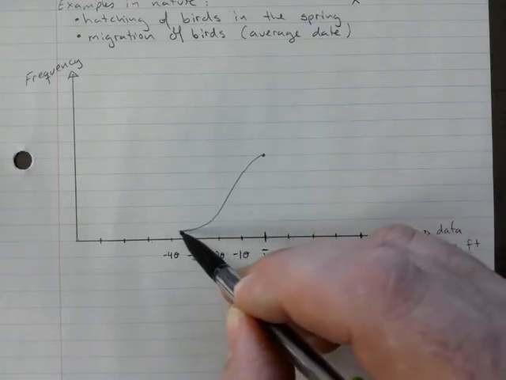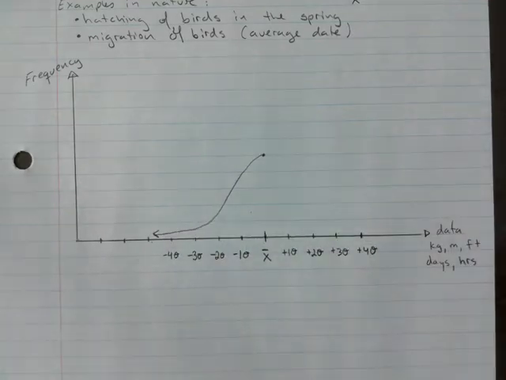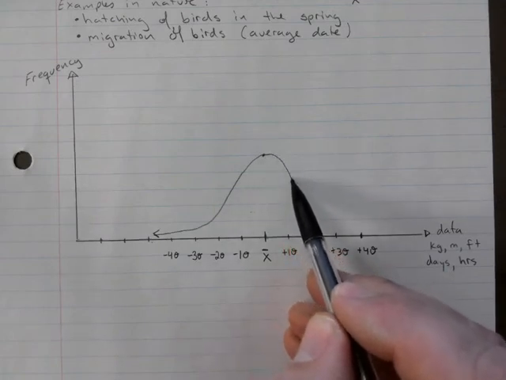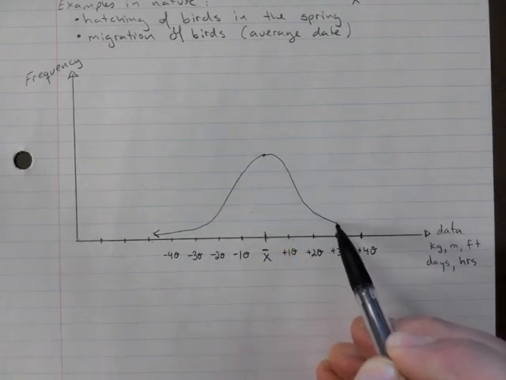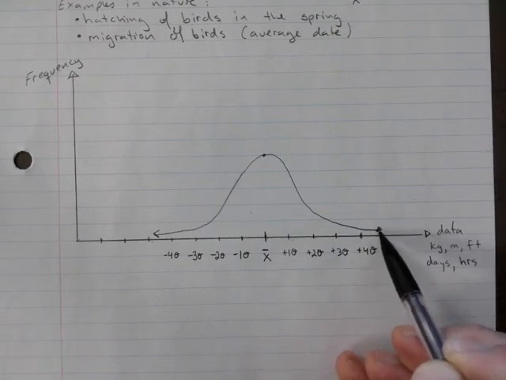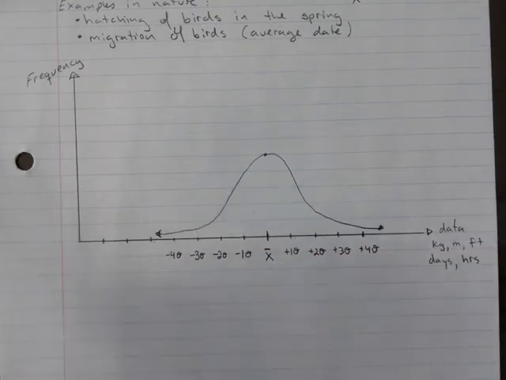You never touch the x-axis. Remember that from the video? Okay. And then you go to the right and do the same thing. Try to make it, should look like a bell. Okay.